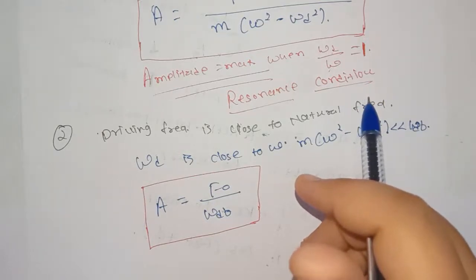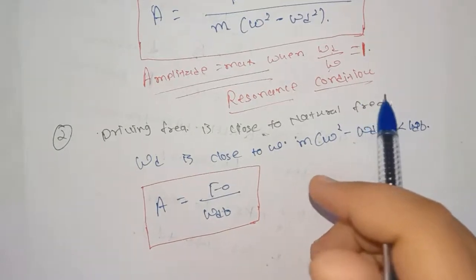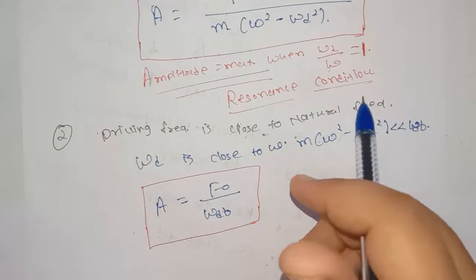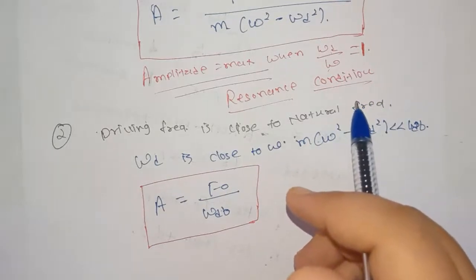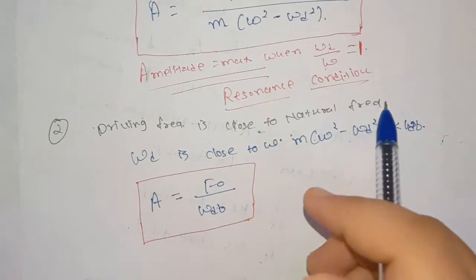For example, in the case of swing, we can swing to greater heights if the rhythm of pushing against the ground is synchronized with the natural frequency of the swing.